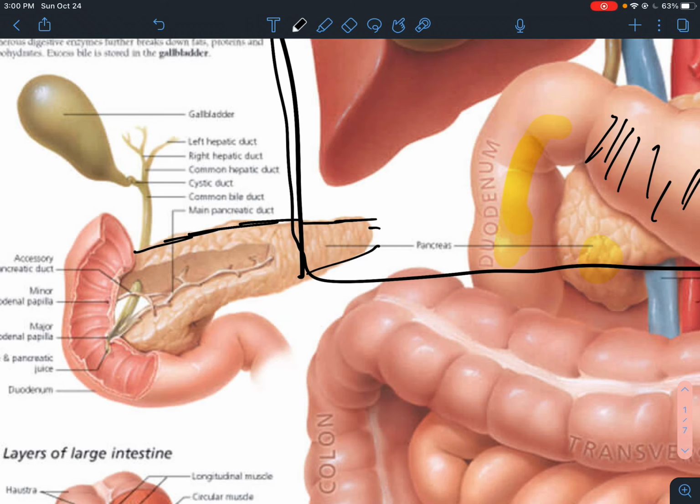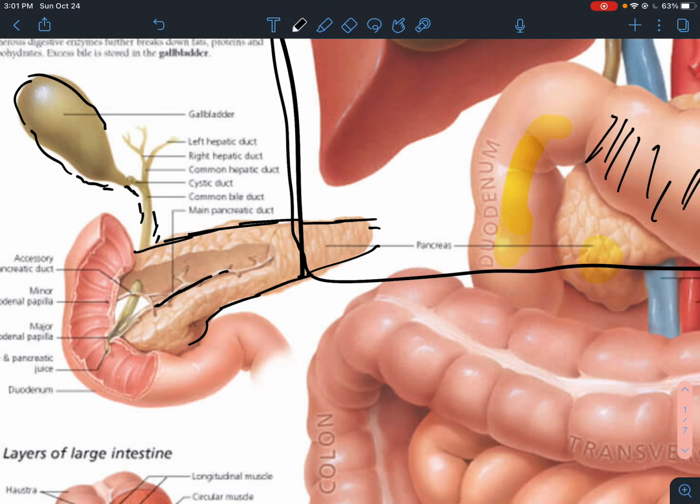There is the pancreas. You can also see that the gallbladder has ducts or tubes that lead towards the pancreas. And the pancreas has ducts as well.